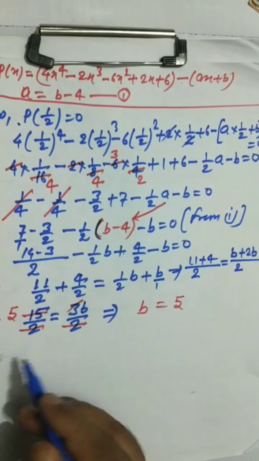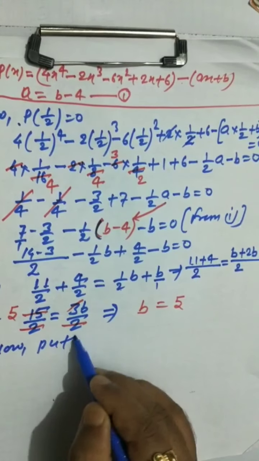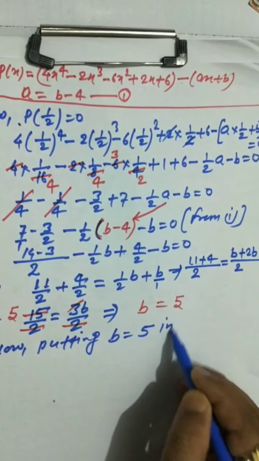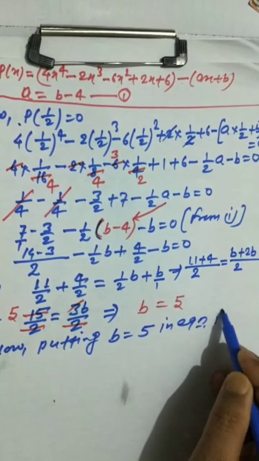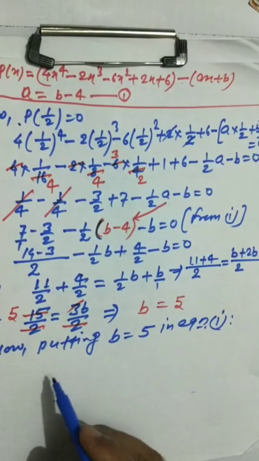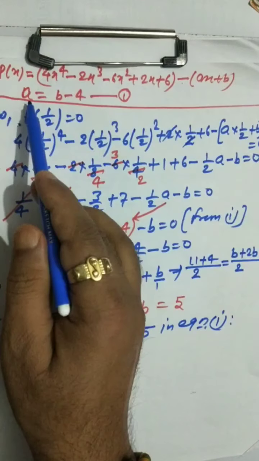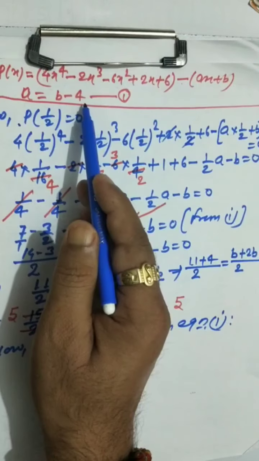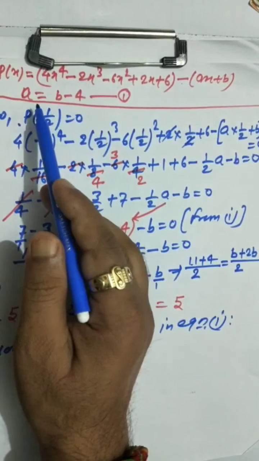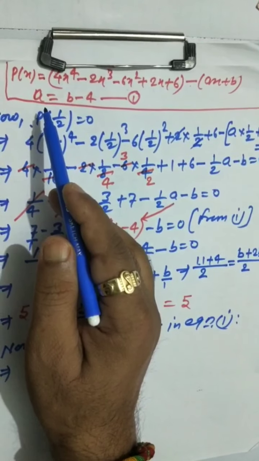Now you have to put b is equal to 5 in equation first to get the value of a. So let us put it in equation first, I have written here twice because we have to turn the page.